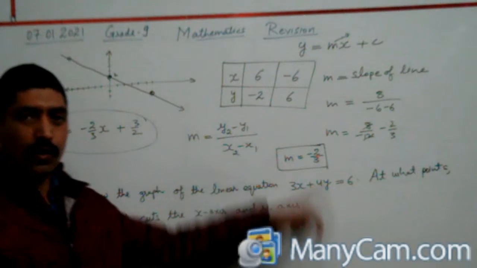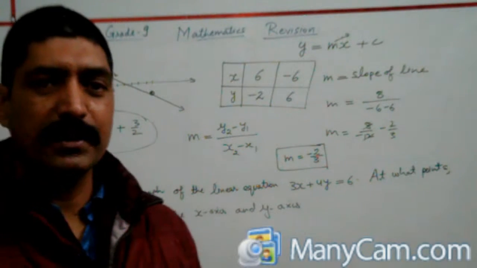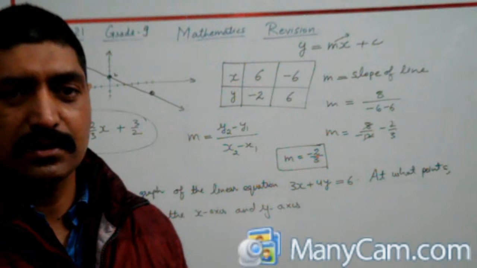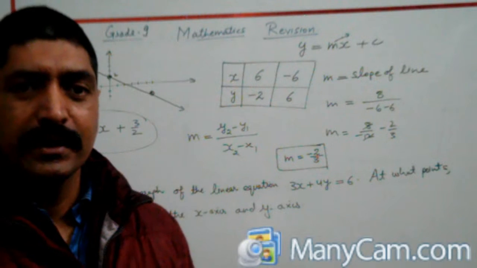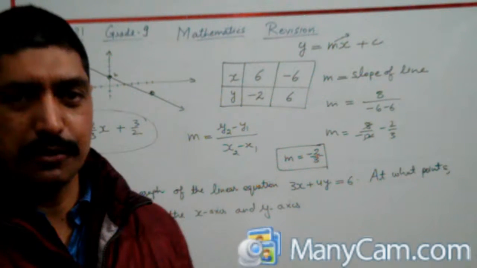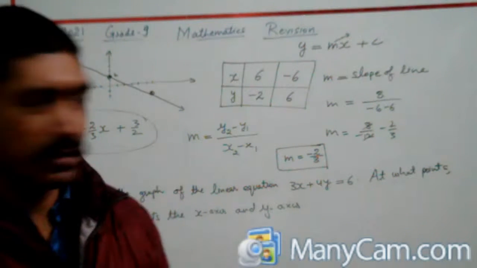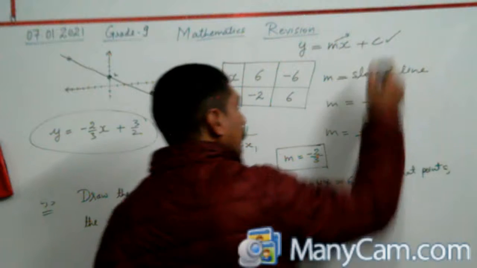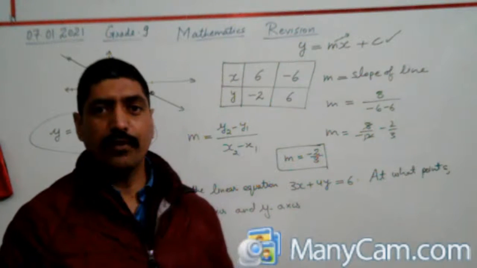m is the slope, okay, but what I am telling you people is that this is not part of your syllabus, not in grade 9, not in grade 10. In grade 11, we will study these kinds of questions, these kinds of forms. That is slope intercept form. This is the equation of the line. Equation of line, point slope form.